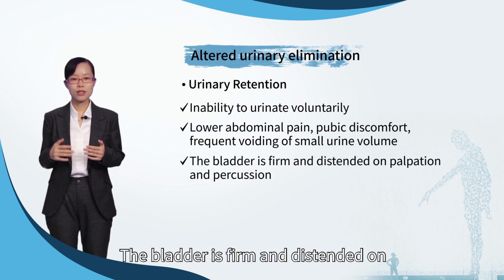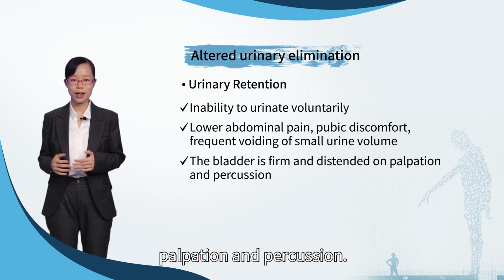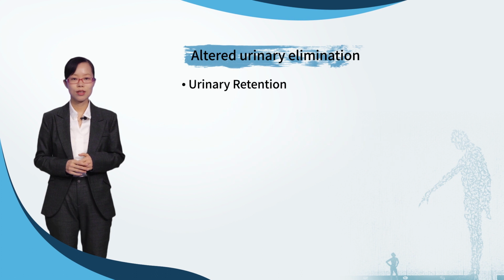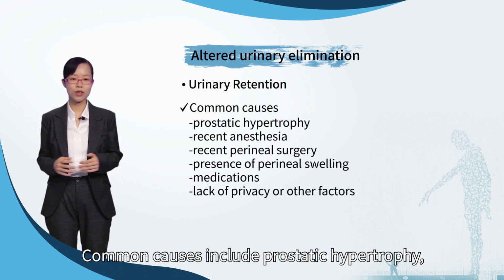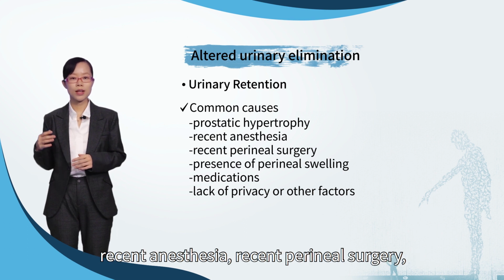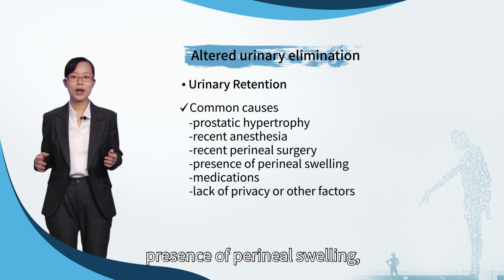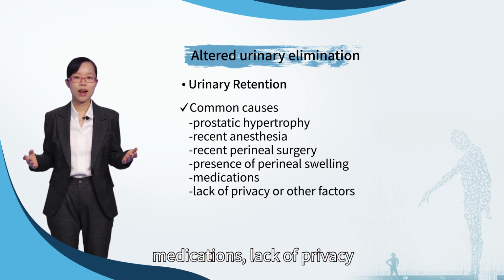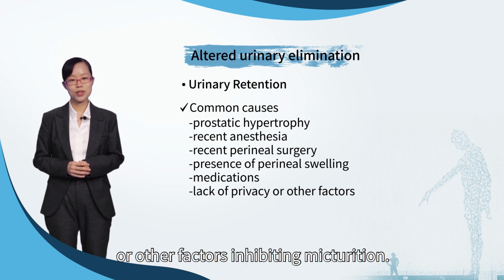The bladder is firm and distended on palpation and percussion. Common causes include prostatic hypertrophy, recent anesthesia, recent perineal surgery, presence of perineal swelling, medications, lack of privacy, or other factors inhibiting micturition.